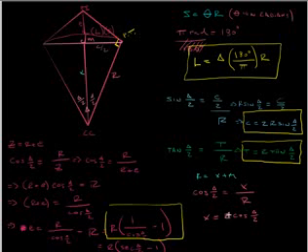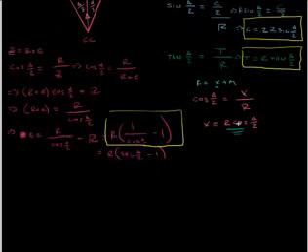If we plug this in for x, R is equal to R cosine of delta over 2 plus m.